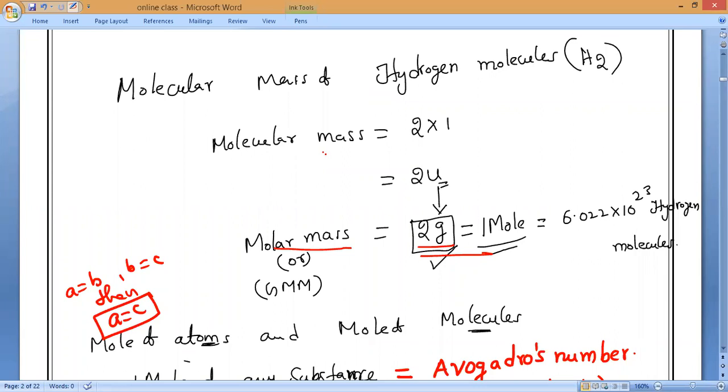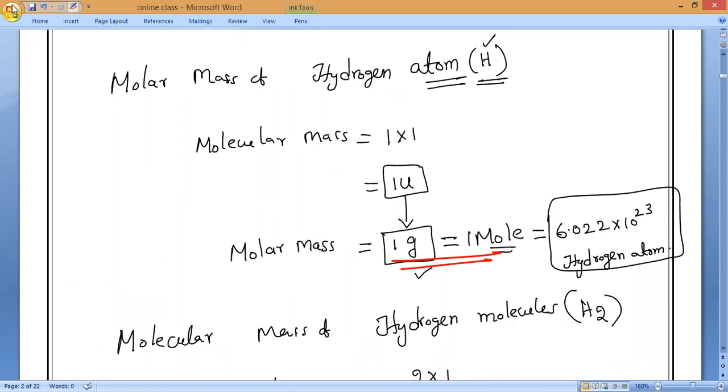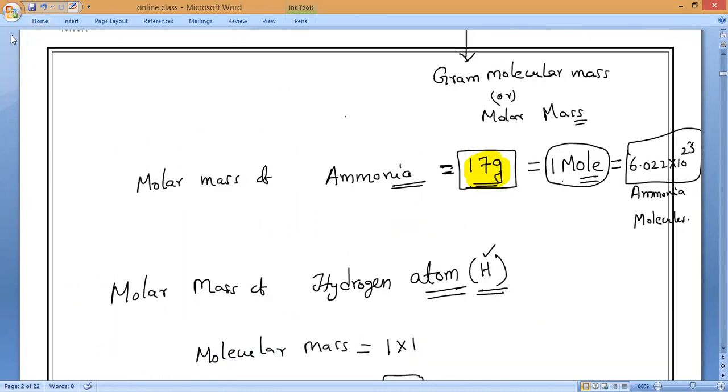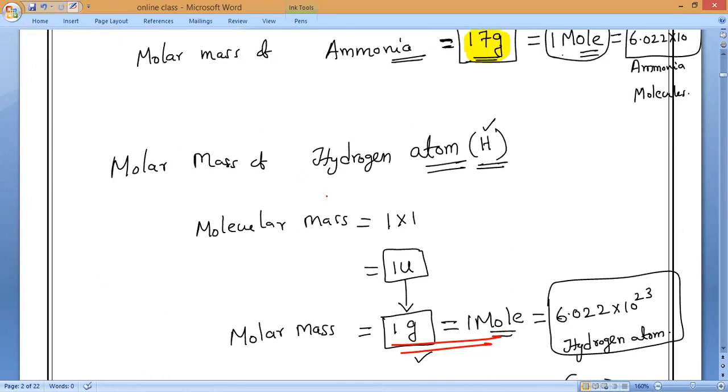Molecular mass means we are writing a formula: number of atoms of first element into atomic mass of first element plus number of atoms of second element into atomic mass of second element. Like that we are calculating the molecular mass.